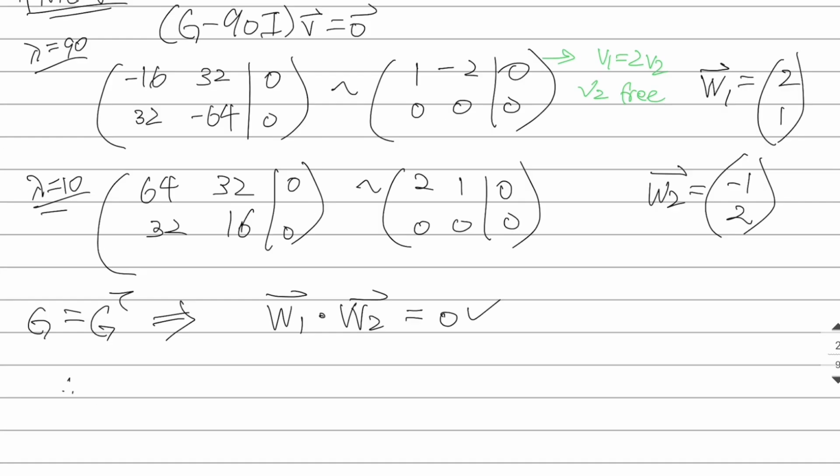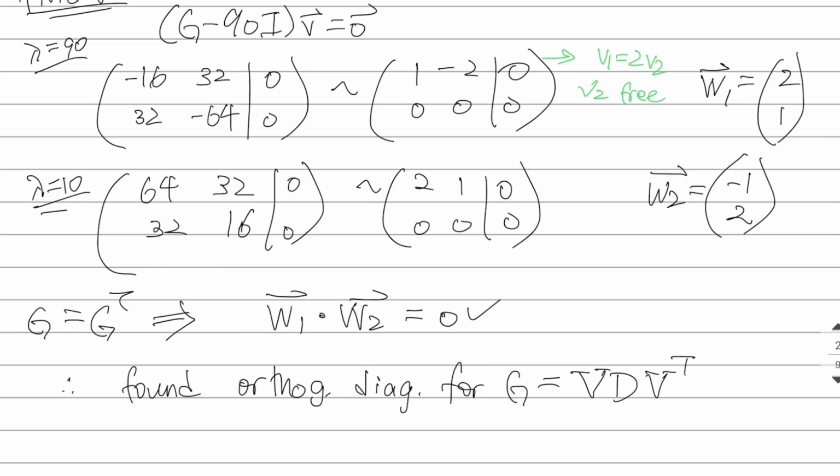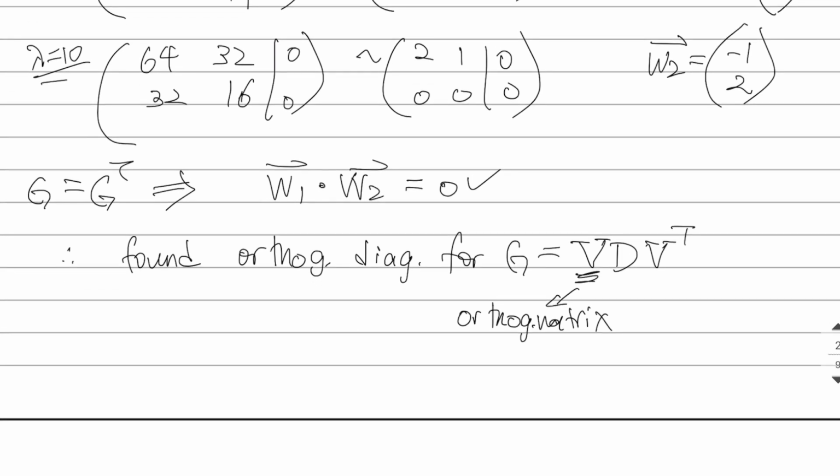We have found an orthogonal diagonalization for G. And what that means is that we are going to have some matrix here that works like this. Now, you have to remember that this should be an orthogonal matrix. That means it has to be square with orthonormal columns.